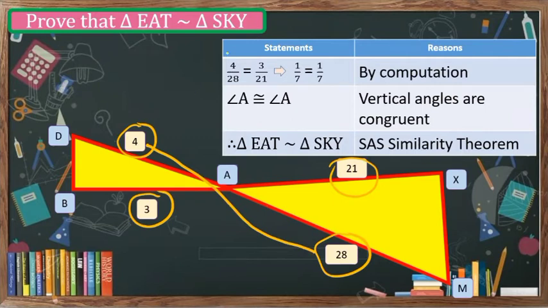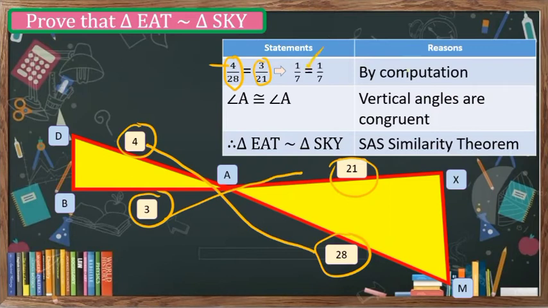So 4 is to 28, while 3 corresponds to 21, that is DA to AX. So 3 over 21. So you're going to get the lowest term of our ratio. The lowest term of 4 over 28, divide both by 4, so we get 1/7. Then 3 over 21, divide both numbers by 3, and we get 1/7.